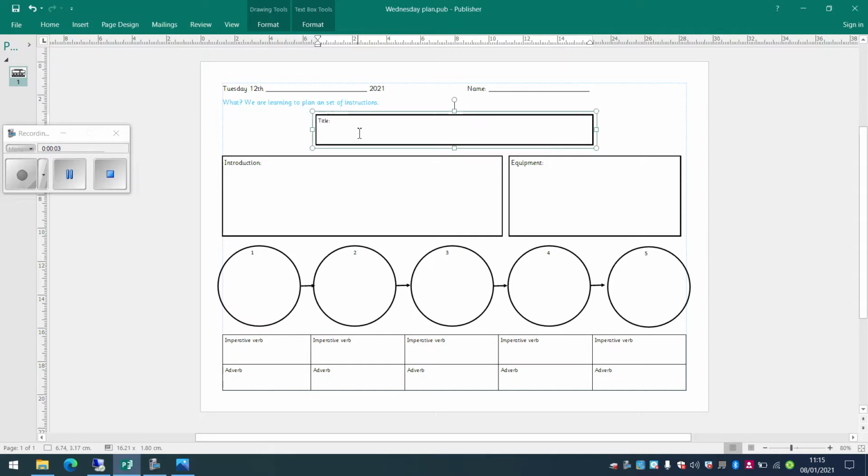When we write instructions, a title usually starts with how to do something, and these instructions are how to make. So we can write how to make a musical instrument. And if you want to be more specific, if you want to write the type of musical instrument, if you want to write how to make a shaker or how to make a drum, then that is absolutely fine.